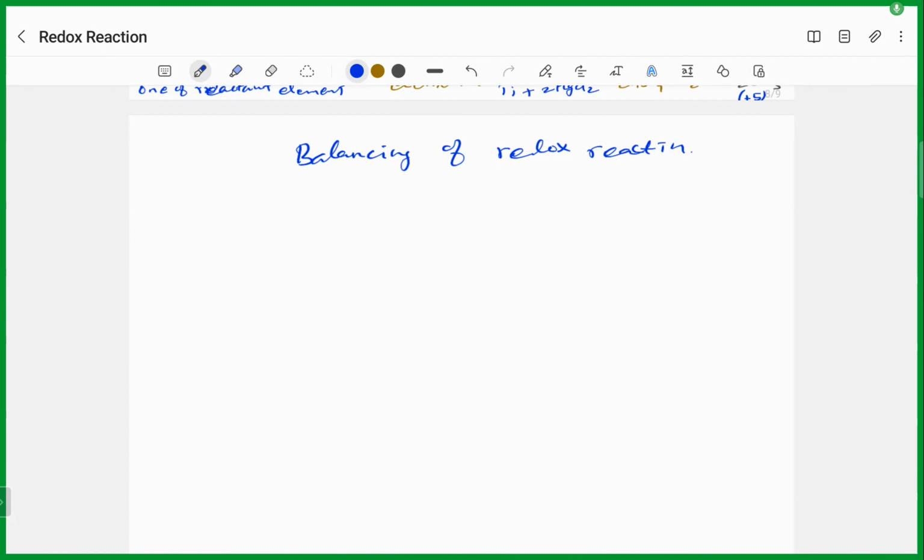Now you put it as the overall reaction: P4 solid plus, now look at the total, here there are 6 OH minus, here 3 OH minus. From this we can reduce this.